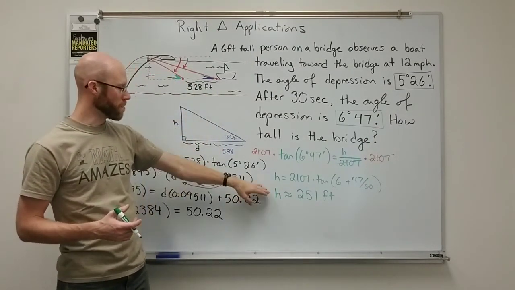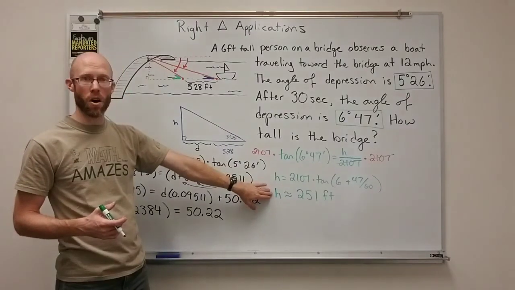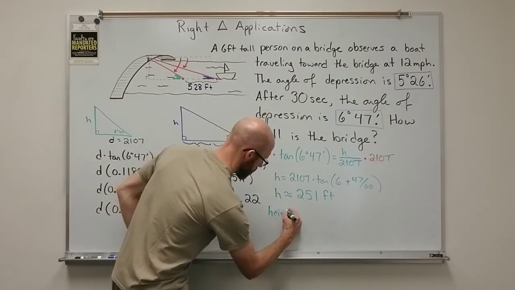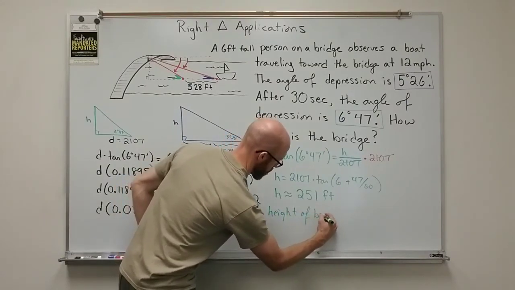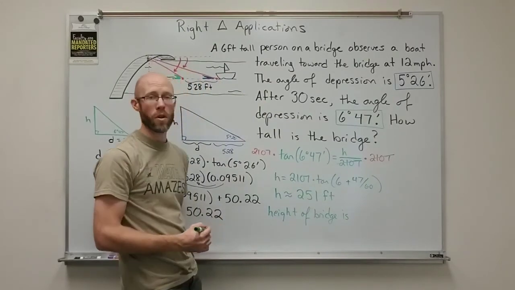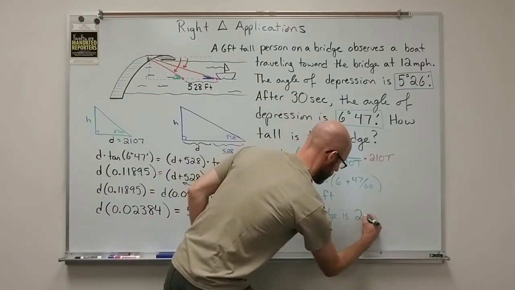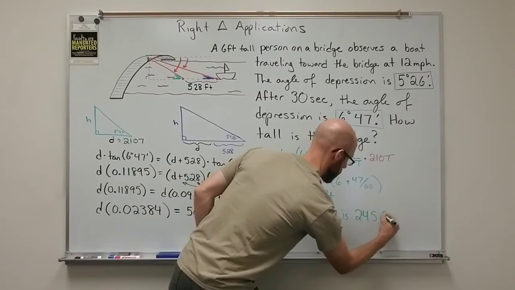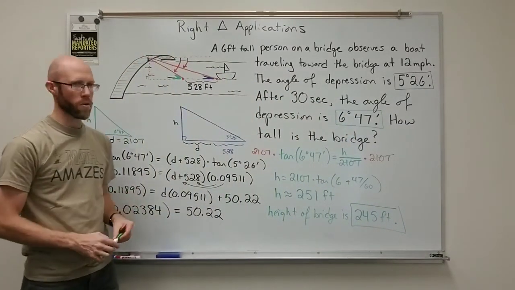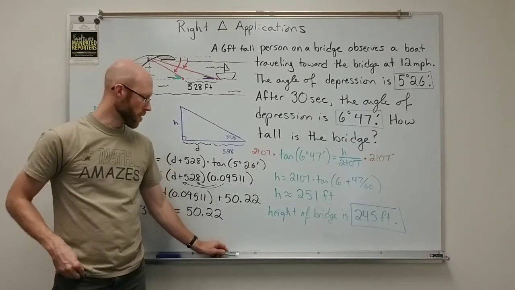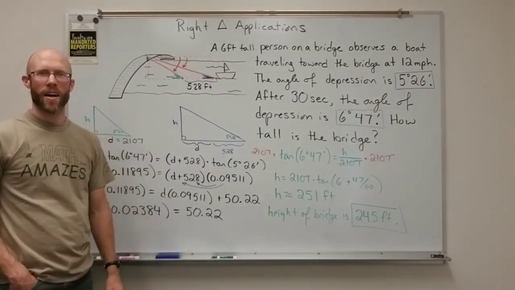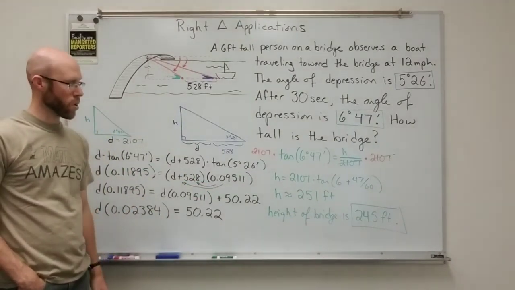So if I take the 6 feet off of this, the height of the bridge is actually going to be 245 feet. Okay, so it's a 245 foot tall bridge. So quite a tall bridge. My diagram is probably not very accurate, but it is quite a tall bridge.